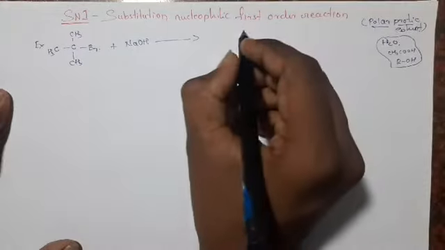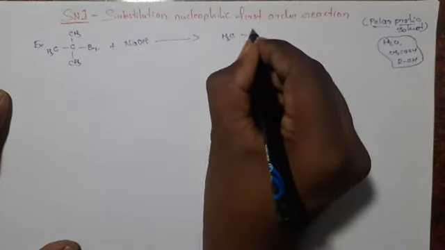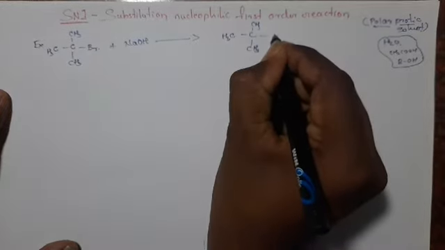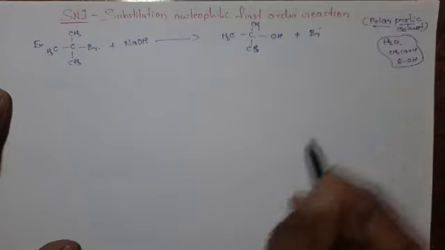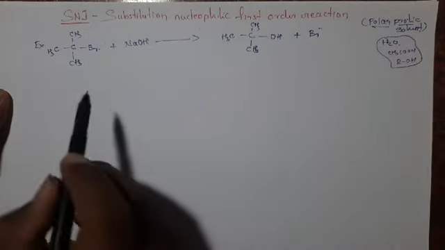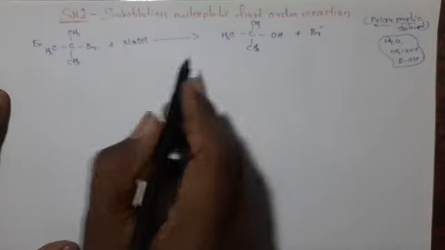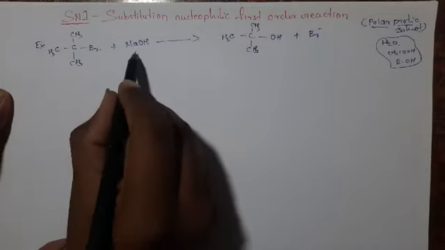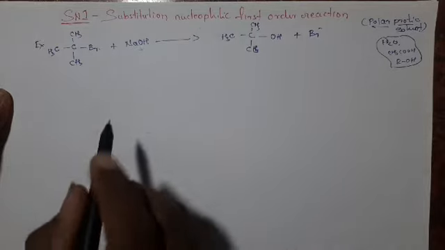At that time it gives tertiary butyl OH plus Br minus. Okay, this is the SN1 reaction. In this reaction, the rate depends only on the concentration of alkyl halide, not on the concentration of nucleophile or base.